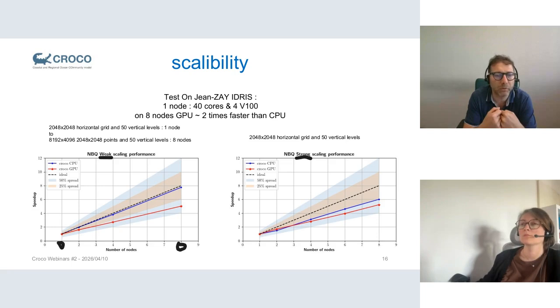GPU is nice for big grids, big spatial grids. Yes. The time of one grid point per iteration is no faster.